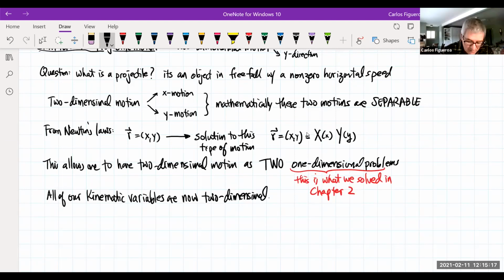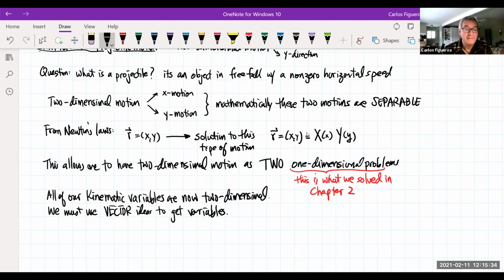That means we must use vector ideas to get variables.